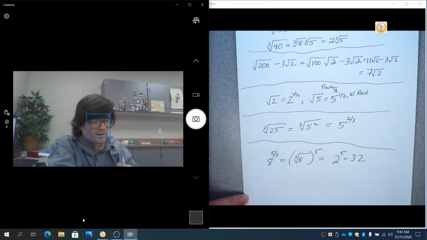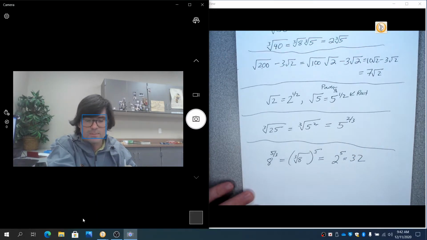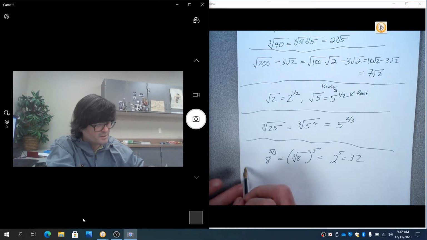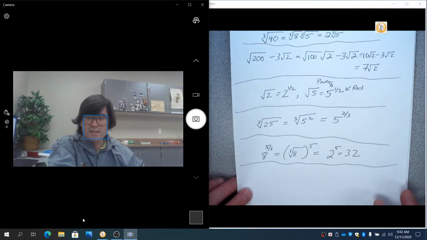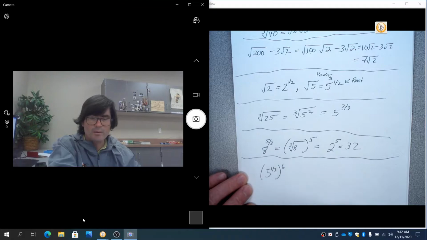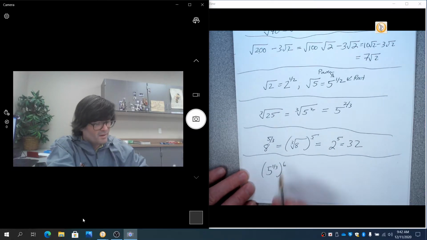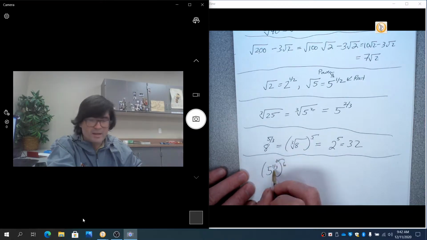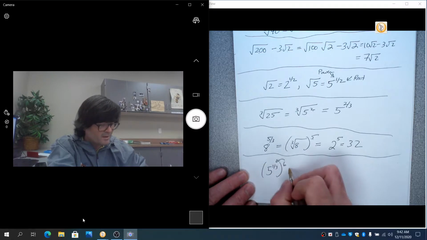So that's just an introduction to simplifying exponents. Just like any exponents at all, if you have 5 to the 1/3 to the 6th power with parentheses, the power on the outside multiplies times the power on the inside. That would be 6 times the 3rd, or 2.